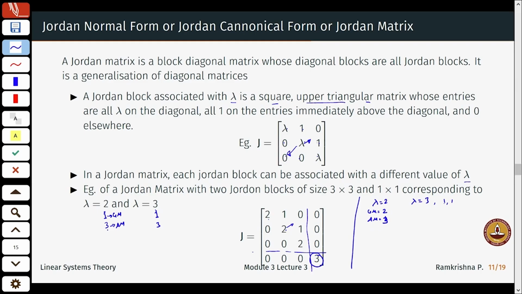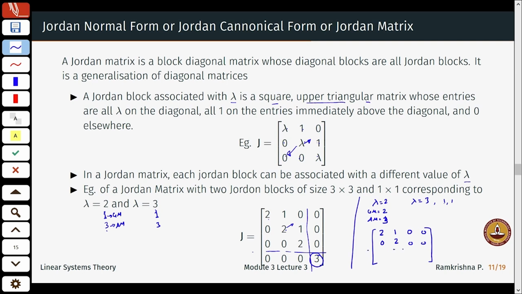It is the same as here, I just increase the geometric multiplicity by 1. So, in this case I will have a Jordan block which will look like this: 2, 1, 0, 2, 0, 0, 0, 0.